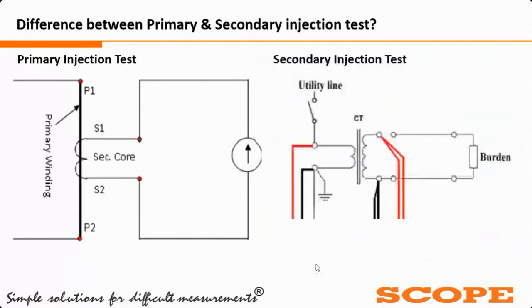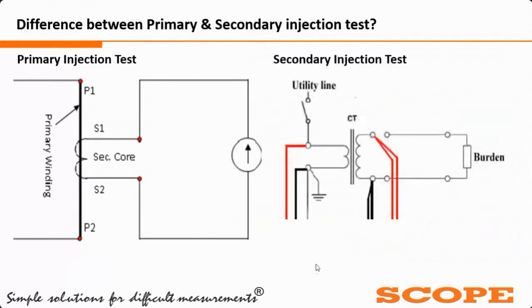And in the CT secondary injection testing, what we are doing is injecting some amount of current or rated voltage as per the requirement to the CT secondary side, not the CT primary side. That is why we call this test a CT secondary injection test.